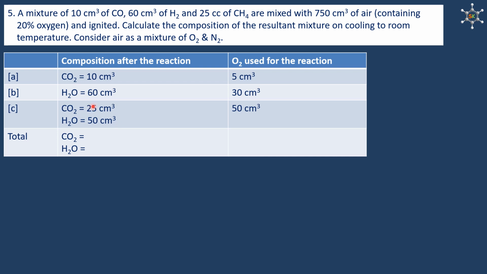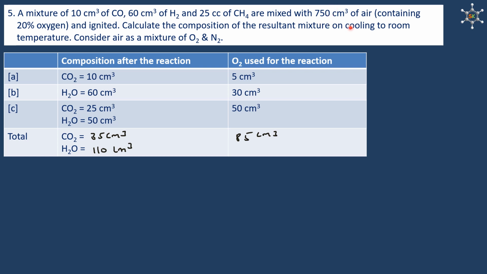Together we have 25 plus 10, 35 cm³ of carbon dioxide, and 50 plus 60, 110 cm³ of water vapor as products from the mixture. 5 cm³ of oxygen is used for reaction A, 30 cm³ for B, and 50 cm³ for C. Together 85 cm³ of oxygen is consumed.